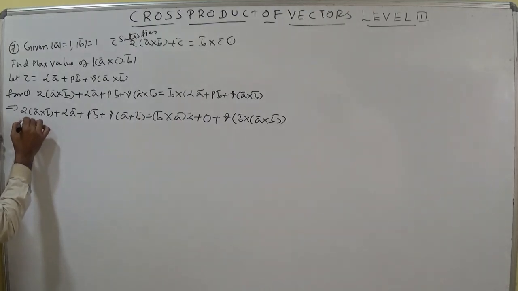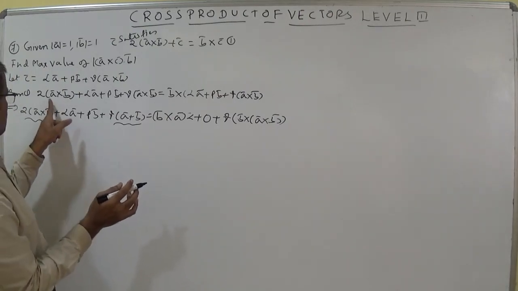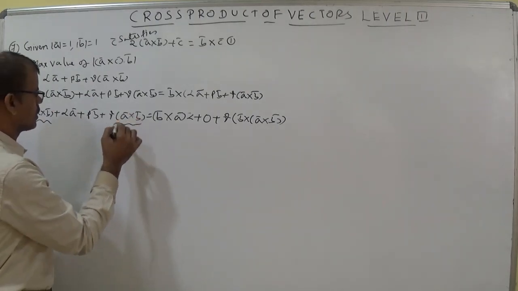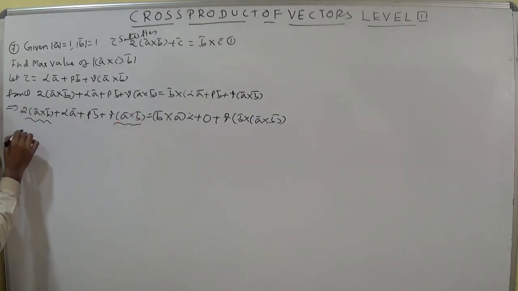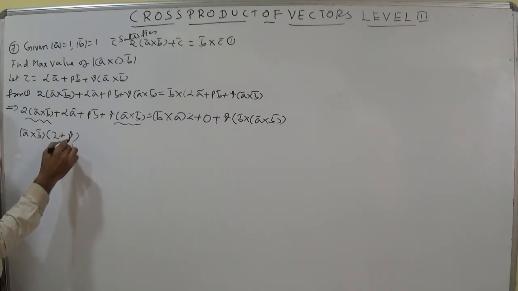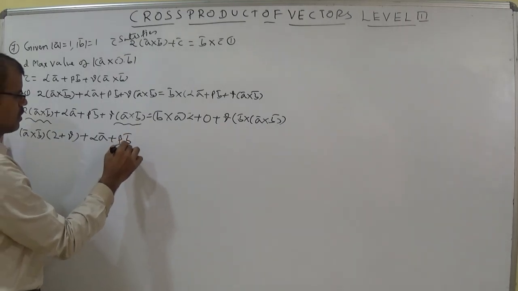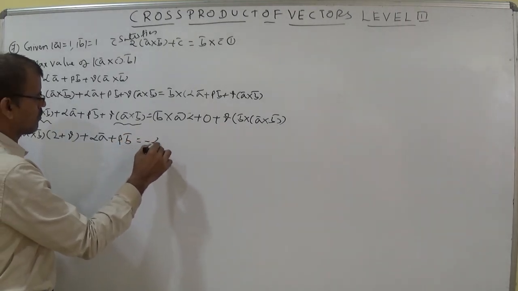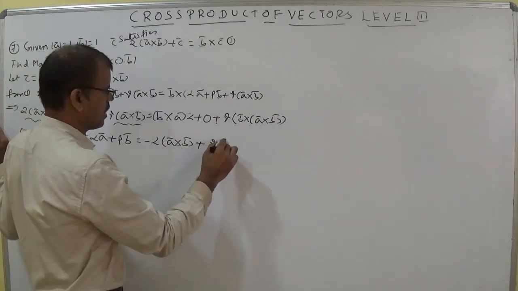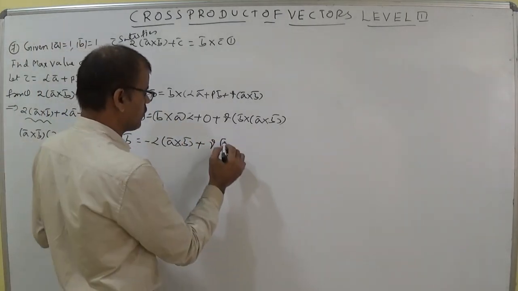That implies here A bar cross B bar is there. So you can take A bar cross B bar common, then it becomes 2 plus gamma, plus alpha A bar plus beta B bar is equal to minus alpha into A bar cross B bar plus gamma into the vector triple product formula.